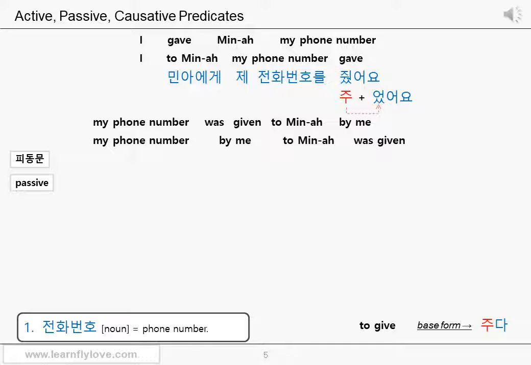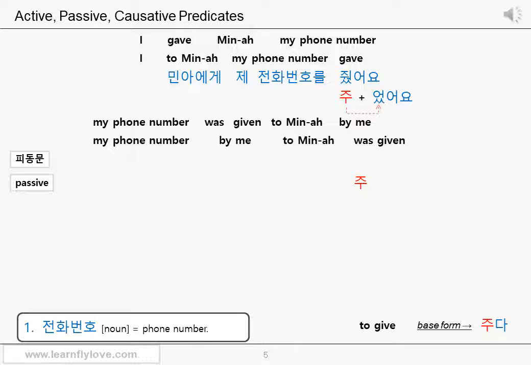Let's take a look at the predicate part first. Was given. The base form of the verb give is 주다 in Korean. And the stem is 주. Which affix do you want to add this time? Don't worry, you don't know. We'll tell you. You cannot use any affix for the verb 주다.